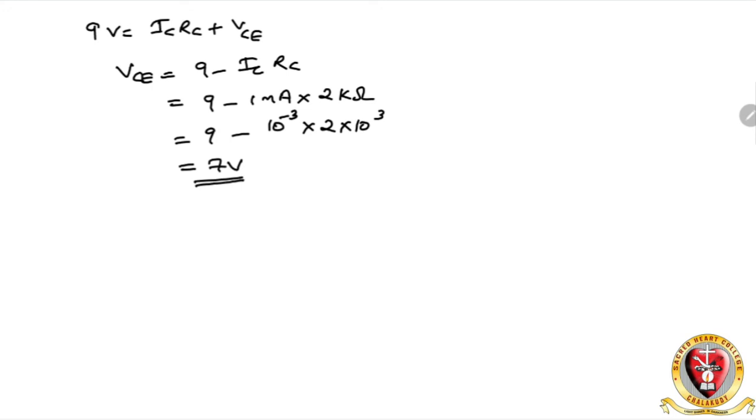So this is the first part. We found IC and VCE, which is the operating point. The Q point is VCE is 7 volt and IC is 1 milliampere.